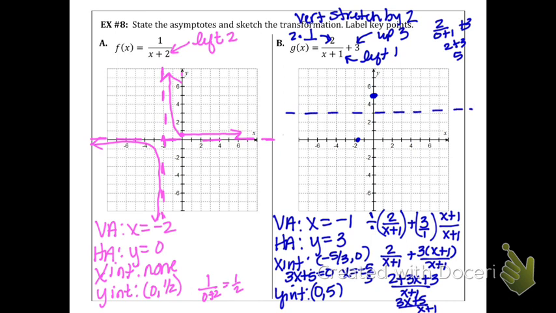Vertical asymptote at negative 1. All right, and then we can already kind of see because of where our points are, there was no reflection going on, so we know it's going to be the bottom left piece and the top right.